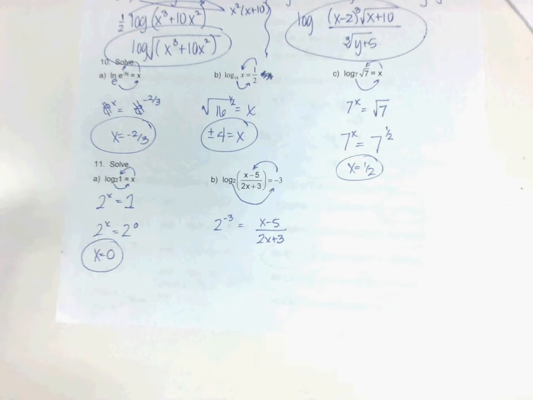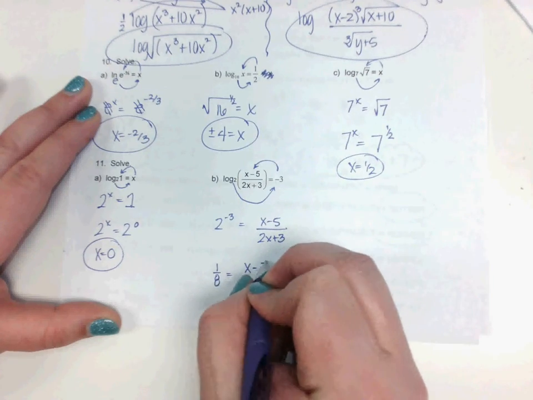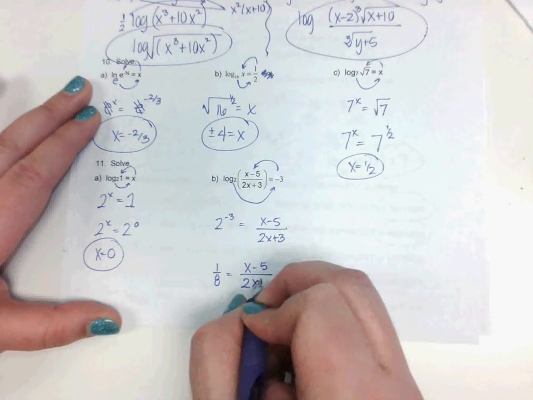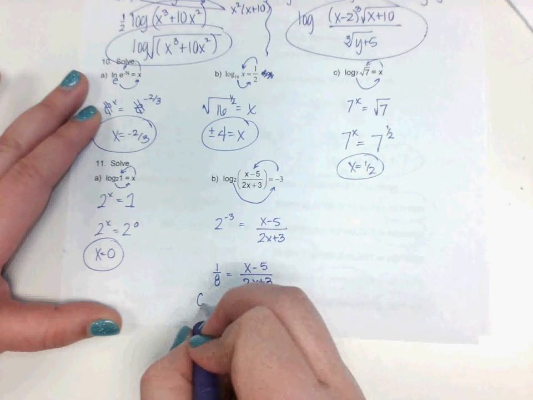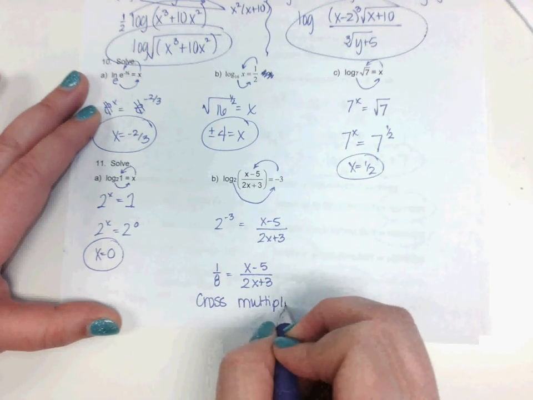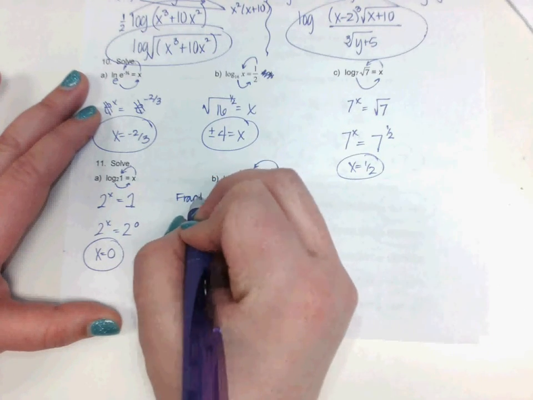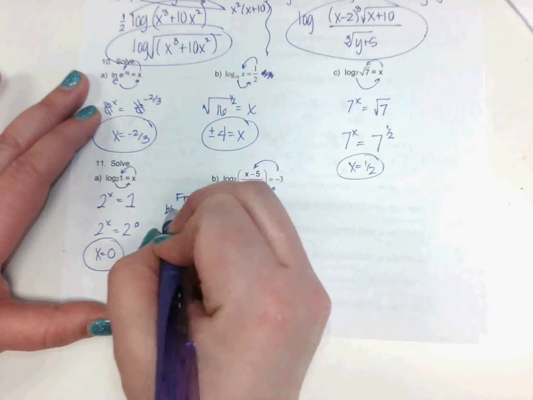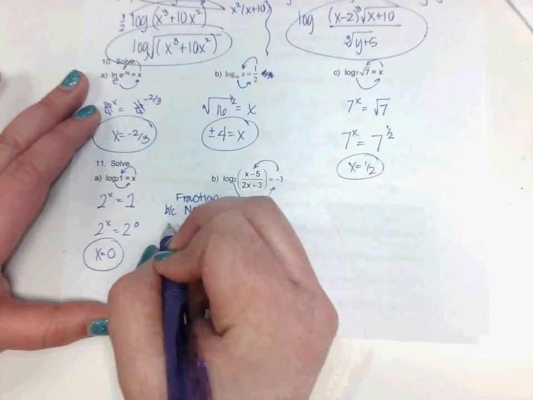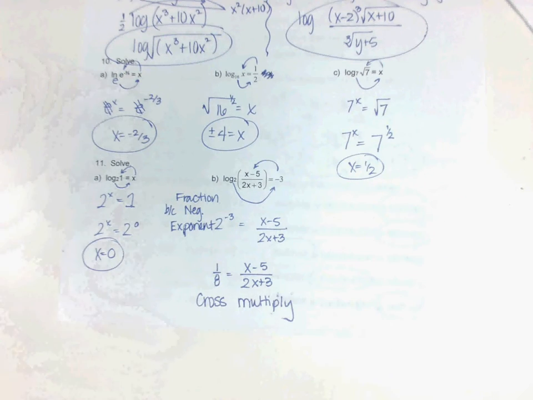So I'd have 1 over 8 equals, and then cross multiply. I'll put here fraction, because negative exponent.